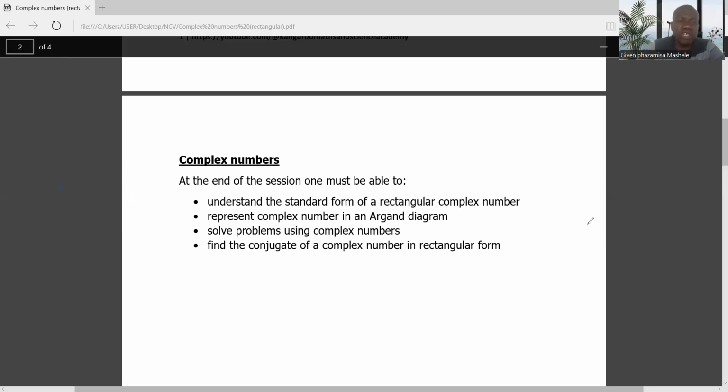First of all, we need to understand what we mean by a complex number.